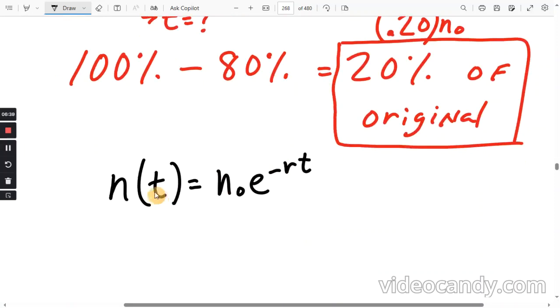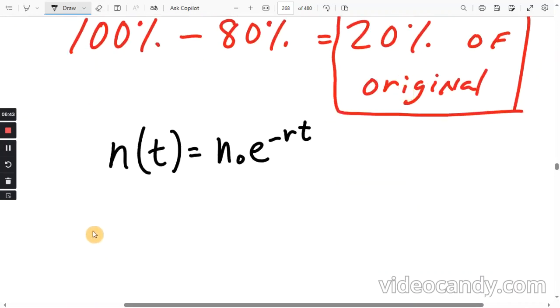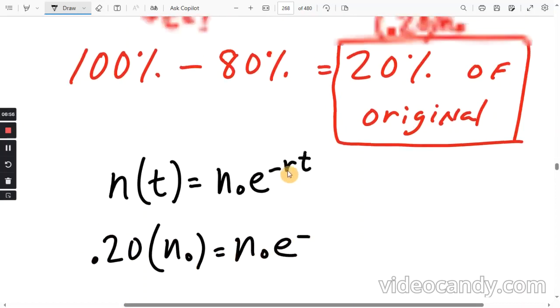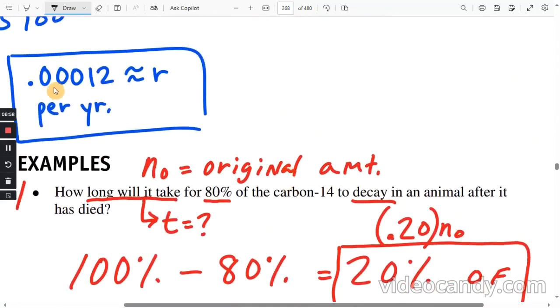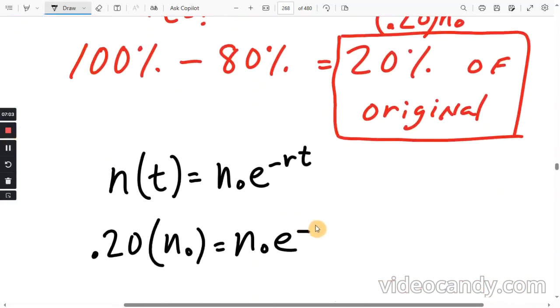N of t is going to be 20% of the original, so that's 0.20 times N sub 0. And that's going to equal N sub 0 e to the negative r. r is 0.00012, and that's times t.